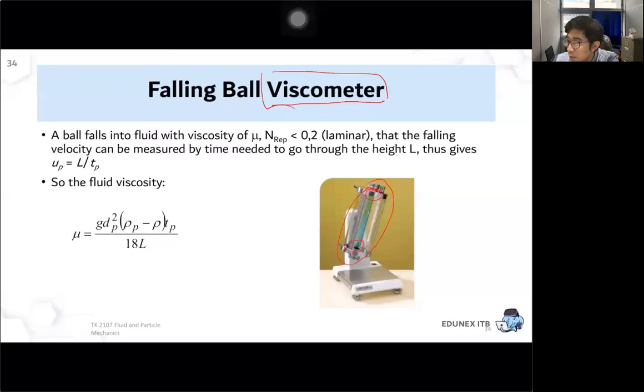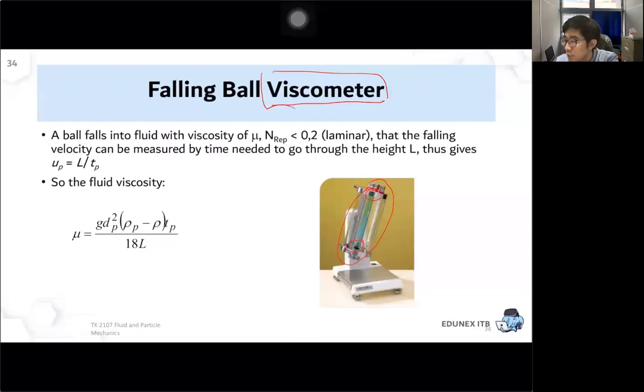The liquid whose viscosity you need to measure, you put inside the tube, and then the ball falls in the liquid. By making sure that the particle Reynolds number is 0.2, meaning the size of the ball is very small, you can calculate the falling velocity, right?